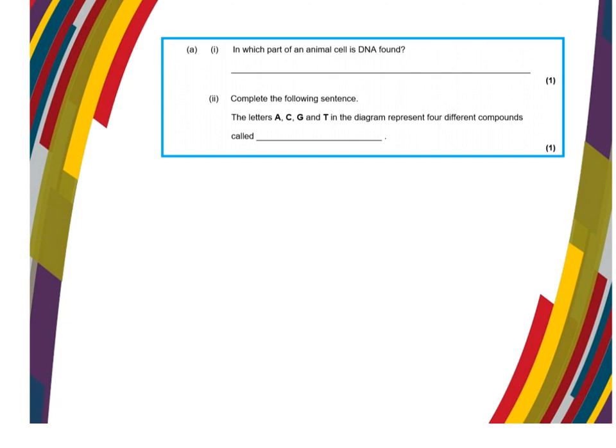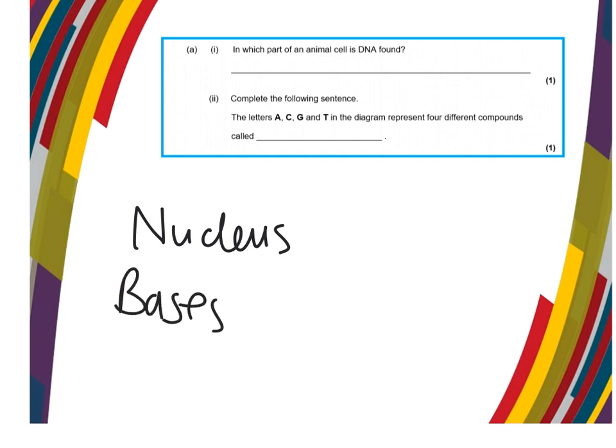Which part of the animal cell contains that DNA? So again, we're going to write the answer as being the nucleus. Okay, and then the letters A, C, G and C in the diagram represent 4 compounds called bases. So if you got both of those right, you would have got both marks. Okay, so again, make your corrections and improve them as you need to.